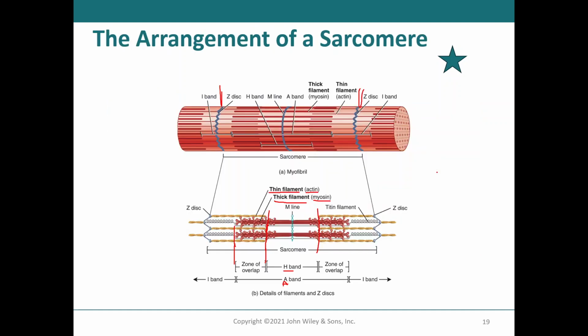Because what happens, and we'll get into contraction in the later parts of this chapter, is these thick filaments are going to be pulling, kind of like pulling on a rope, on these thin filaments, and these thin filaments move towards the middle line, the M line, that then we see that bigger contraction on the bigger level.